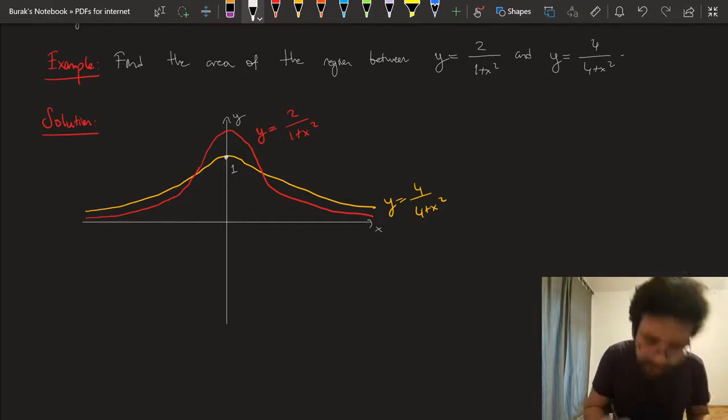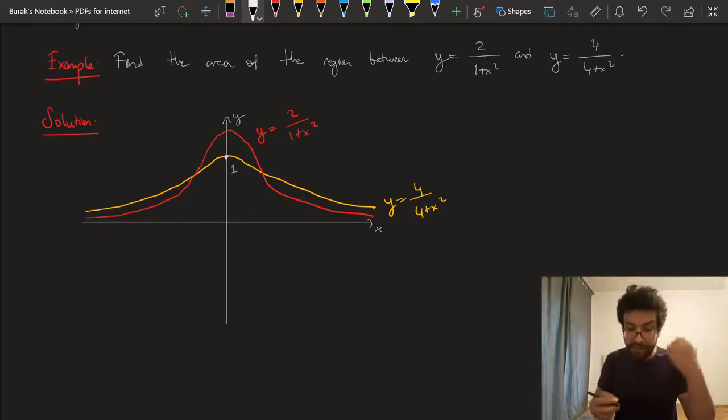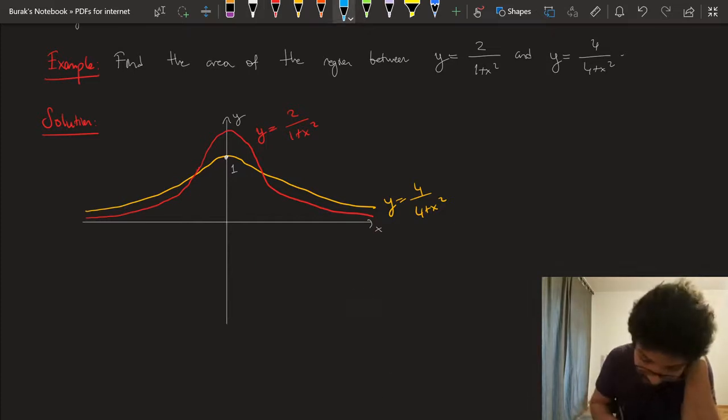Now, why do the graphs of these functions look like this? That's an exercise.